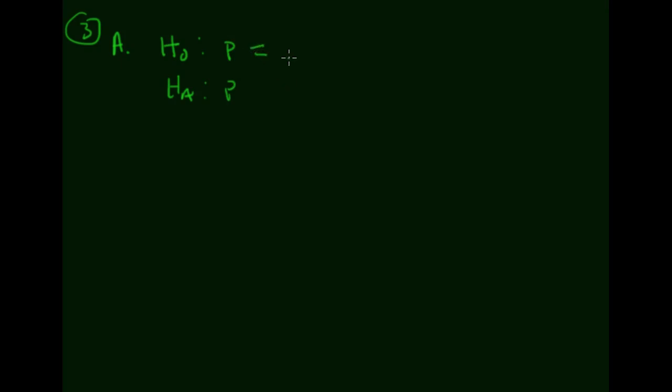The null hypothesis is an equivalence statement, so that's going to be exactly 30%. The alternate hypothesis is my claim that we are more than 30%. Note, this is my claim. Part B, since the claim is a greater than statement, this is a right-tailed test.